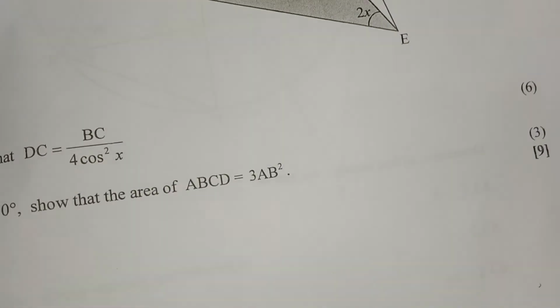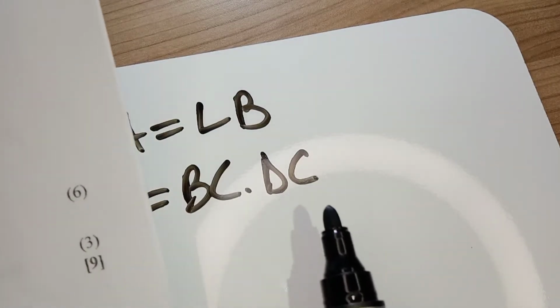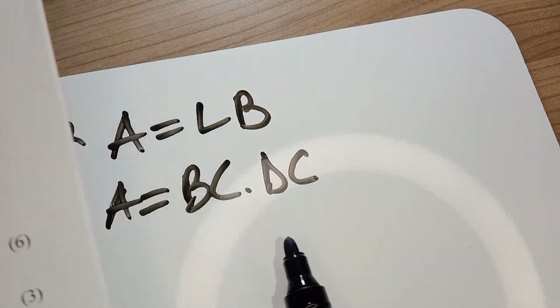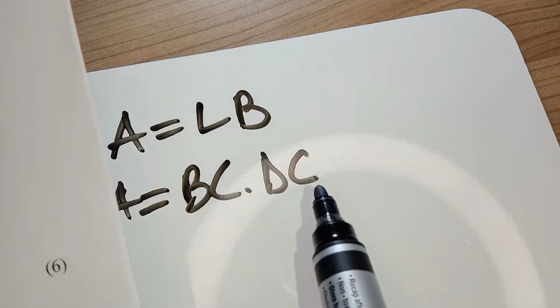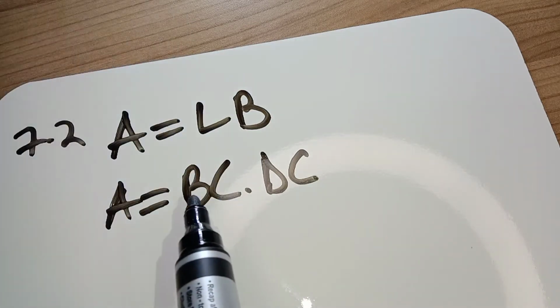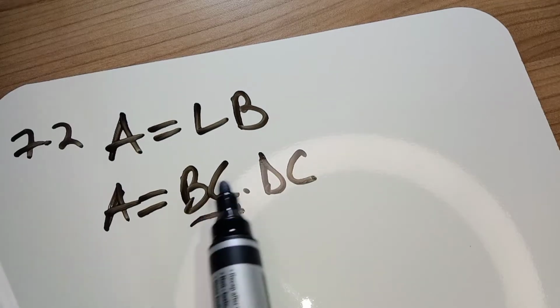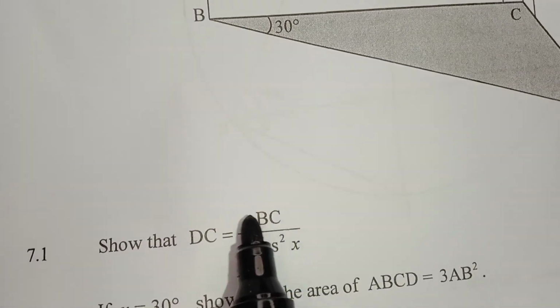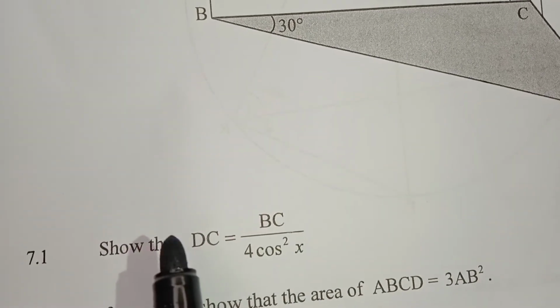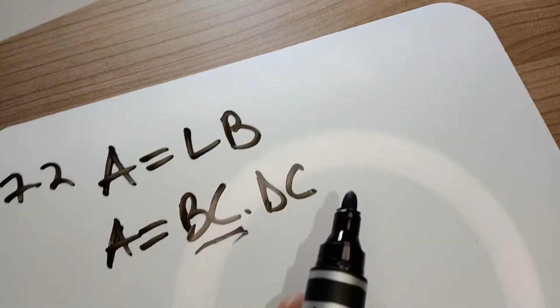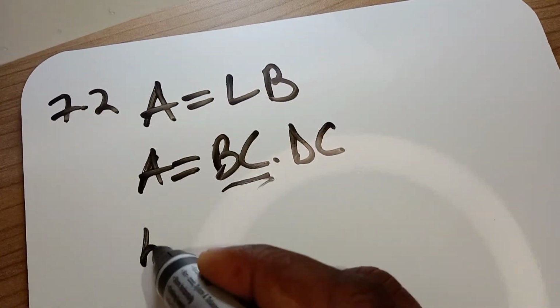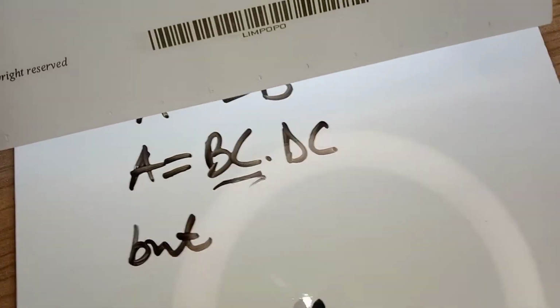Then in this case, we are not going to substitute the DC, because DC is a breadth. We want to substitute the BC with something, okay? Then here we're going to make BC the subject of the formula instead of DC.